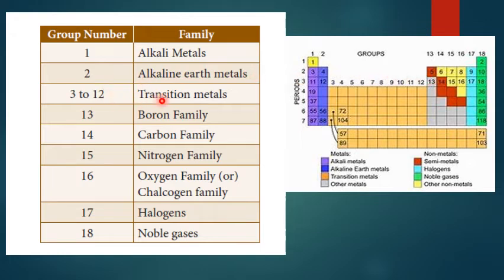Third group to 12th group transition metals. 13th group boron family. 14th group carbon family. 15th group nitrogen family. 16th group oxygen family or chalcogen family. 17th group halogens. 18th group noble gases.